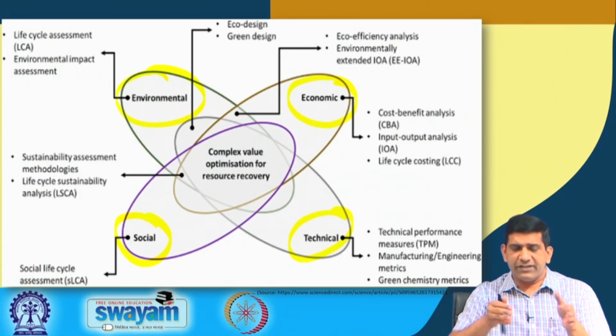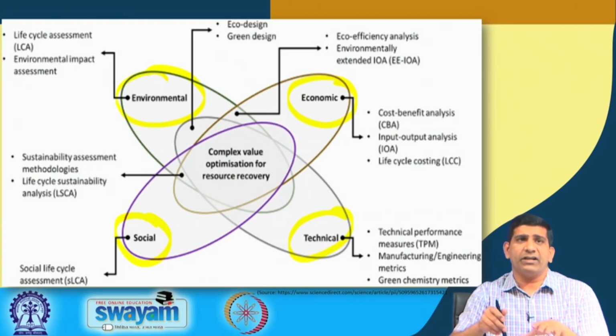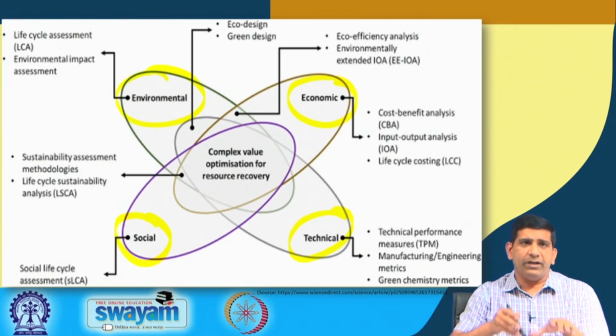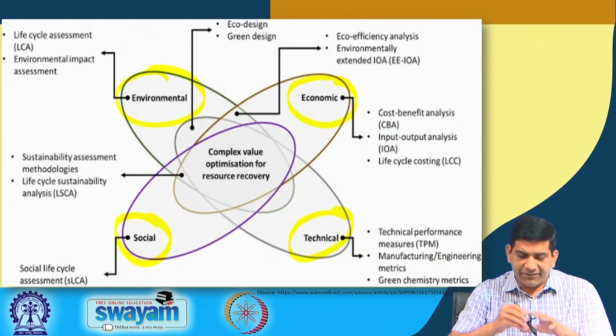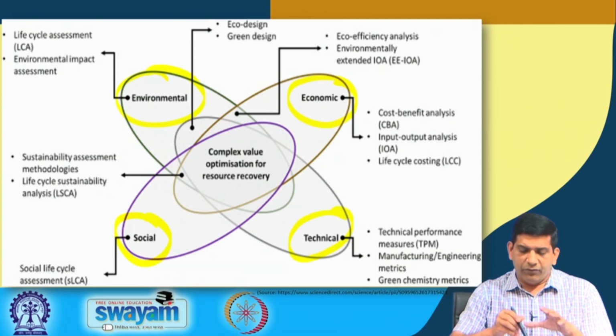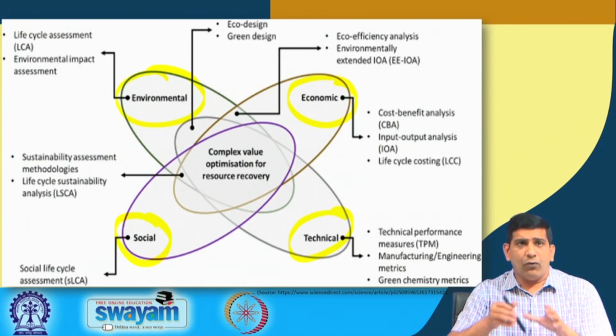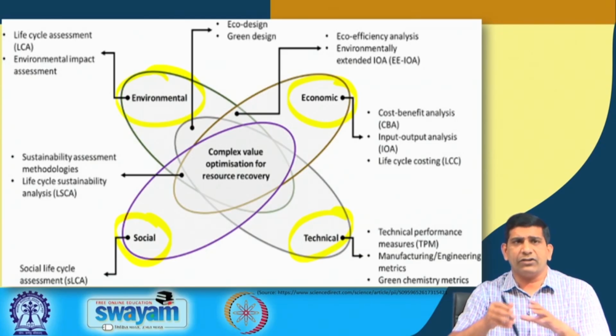So, in terms of these four broad areas, as you can see in this picture, we have economic and social, environmental and technical, and things overlap. Finally, there is an area where all four have a presence: social, economic, environmental, technical.